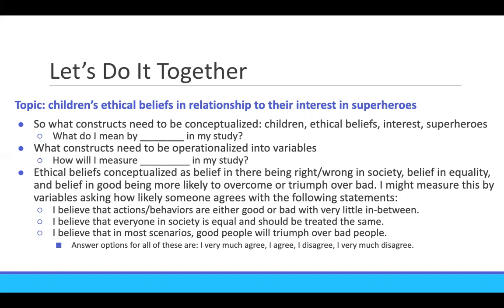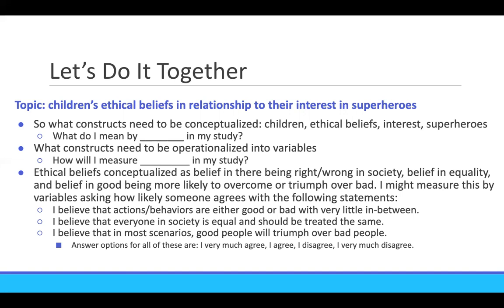I have to conceptualize, I have to define what it is that I mean by that given construct. Now you do that for each construct. You come up with an operational definition. How are you going to measure it in your study? Then once you've done that, it gets operationalized into variables. So then you're asking the question of, how will I measure blank in my study?